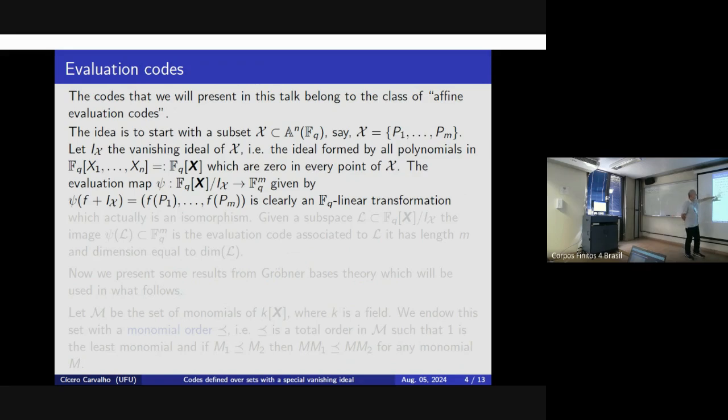In this talk, this quotient ring will be considered as an Fq vector space. So this is an Fq-linear transformation, and actually it is an isomorphism of Fq vector spaces.